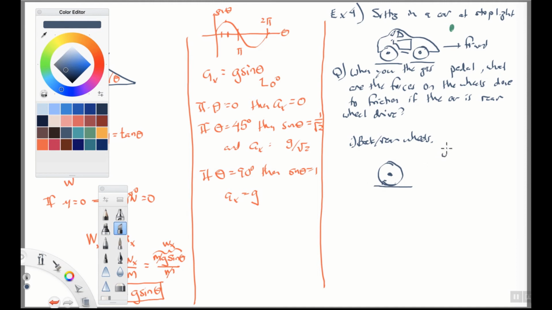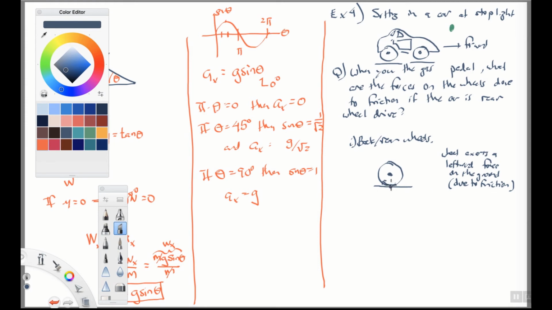So the wheel exerts a leftward force on the ground. That's the frictional force exerted by the wheel on the ground. But notice that this is not what I'm asking in this question. I'm not asking what is the force on the ground. I'm asking what is the frictional force exerted by the ground on the wheel. If the wheel is pushing the ground to the left, then by Newton's third law, the ground must be pushing the wheel to the right.